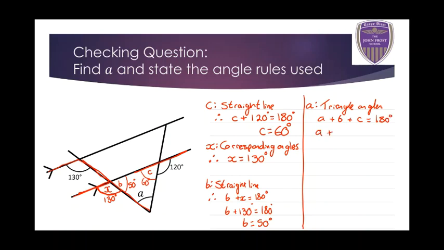We know that B is 50, and we know that C is 60 degrees, and this all has to equal 180 degrees. So A plus 110 degrees is 180. Something plus 110 is 180, so that means that A is 70 degrees. And that's the final answer for angle A.